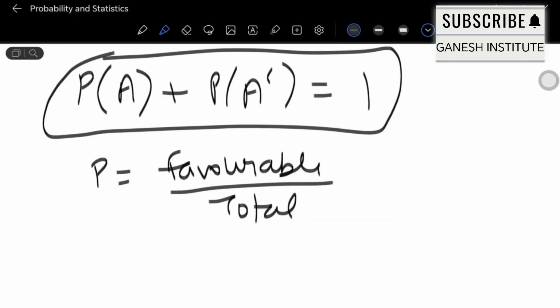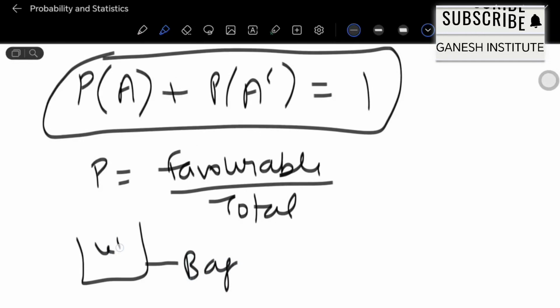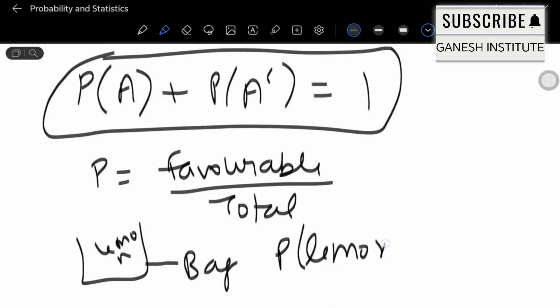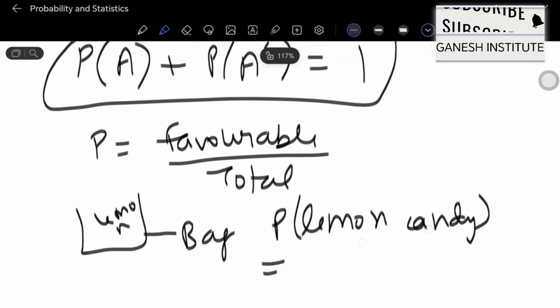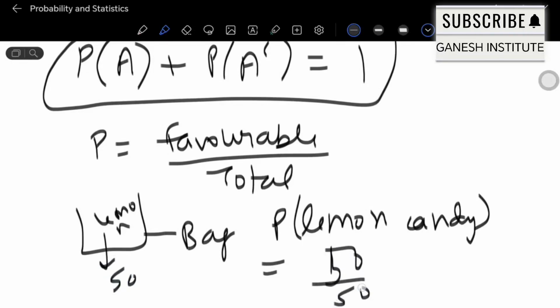If you have, let's say, a bag full of lemon candies, then the probability of getting a lemon candy if you pick one is for sure, because every single time you will get a lemon candy. Let's say 50 candies are there, so 50 by 50, that is 1. So this is a sure event, right?